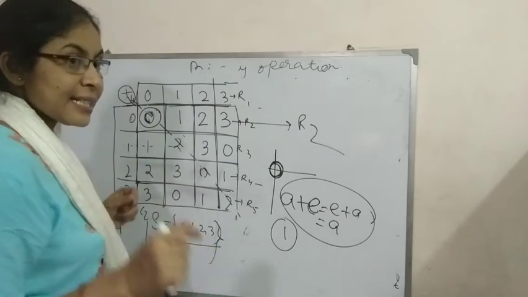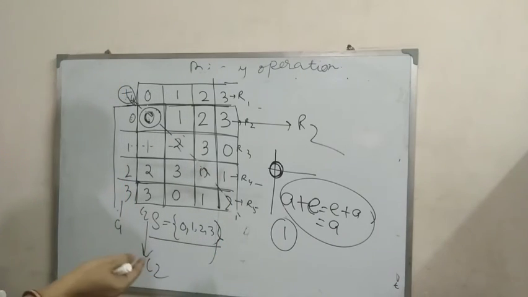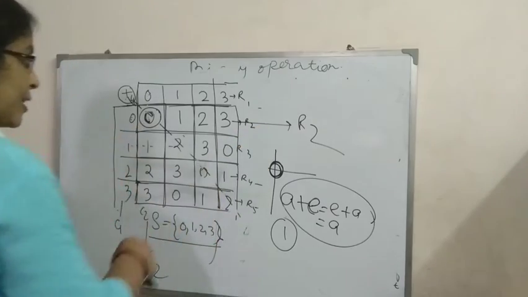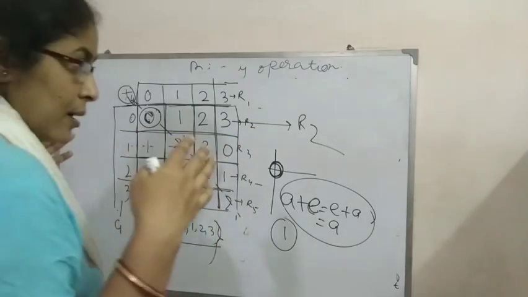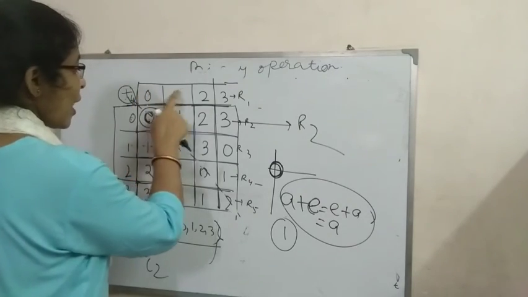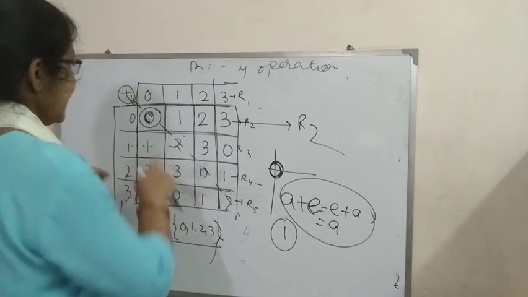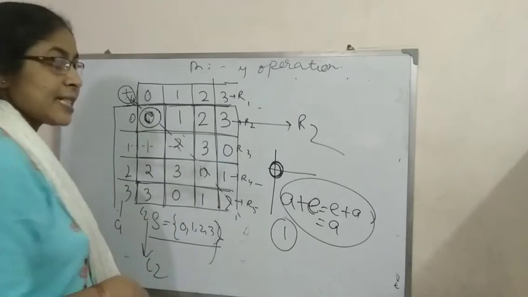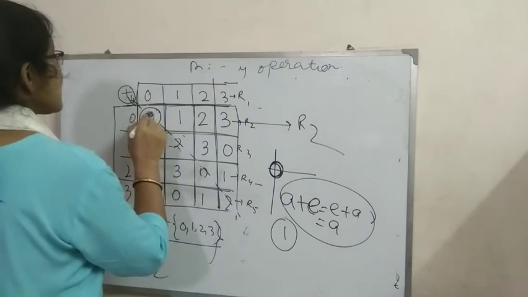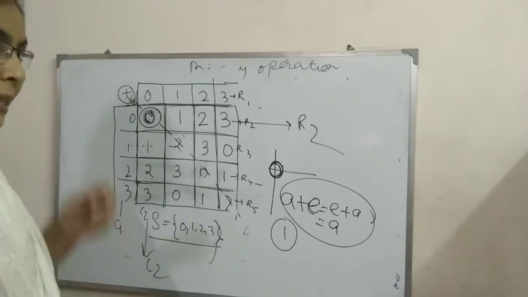It is the easiest way to get the identity element: which row and which column is similar to 0, 1, 2, 3, the elements of S, R2 and here C2. The intersection of R2 and C2 is 0, and this 0 is the identity element.